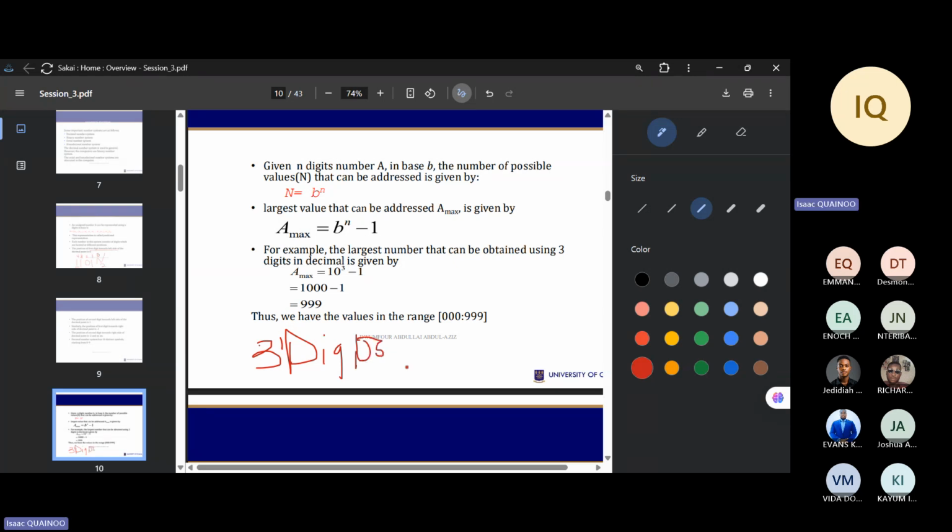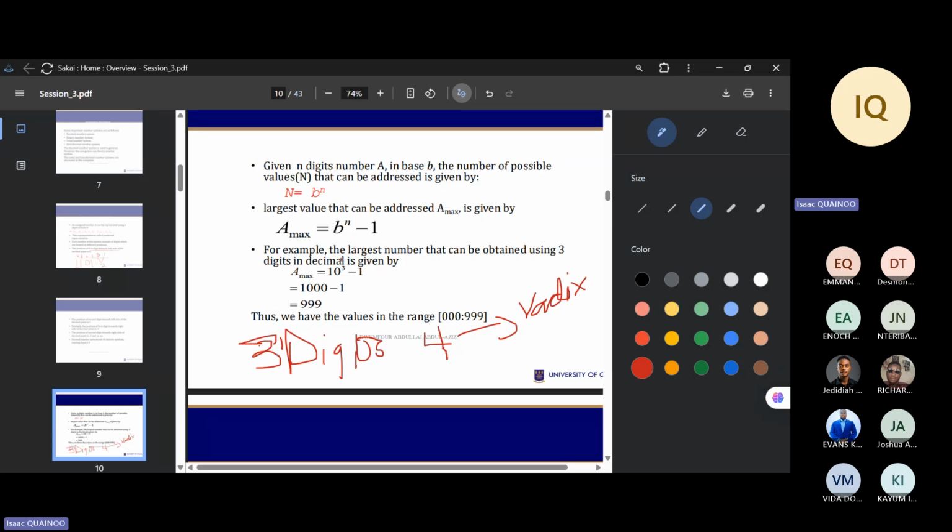The radix of that particular number system is 4. So we have a number system in radix 4, or base 4, and the total number of digits that can be contained in that number system is 3.